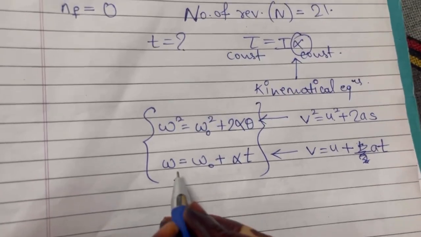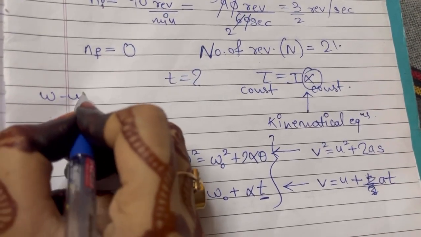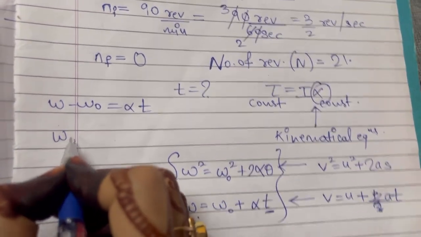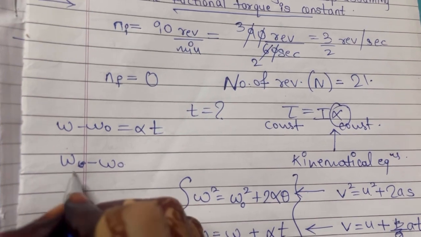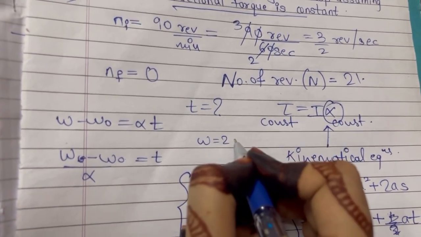So first we will look at this because it has time. So omega minus omega naught is equal to alpha t. So omega minus omega naught upon alpha will give us time. We know that omega is nothing but 2 pi n.